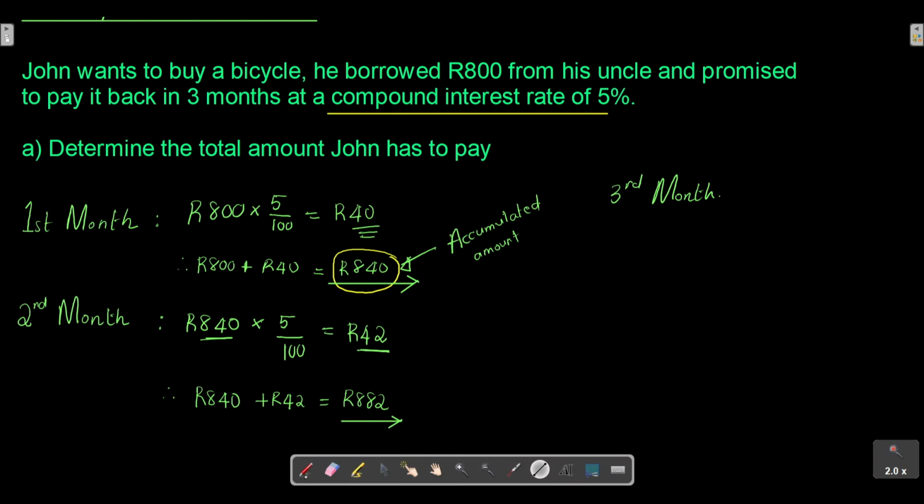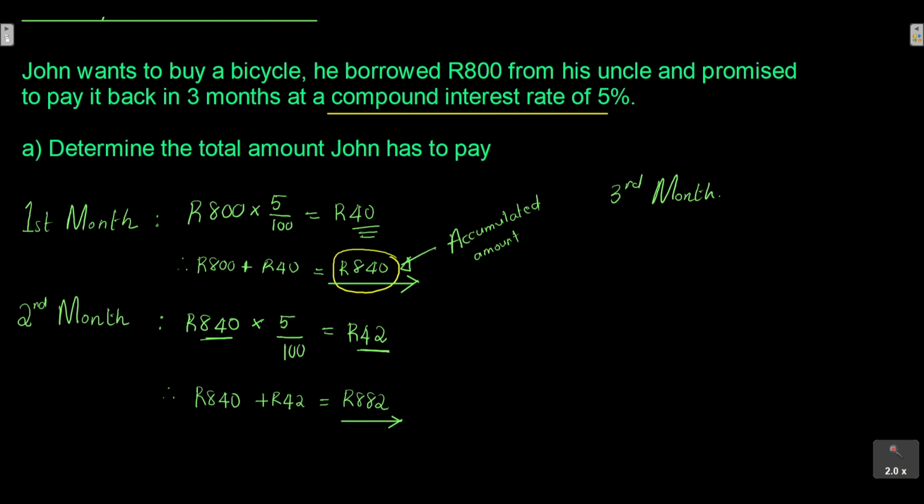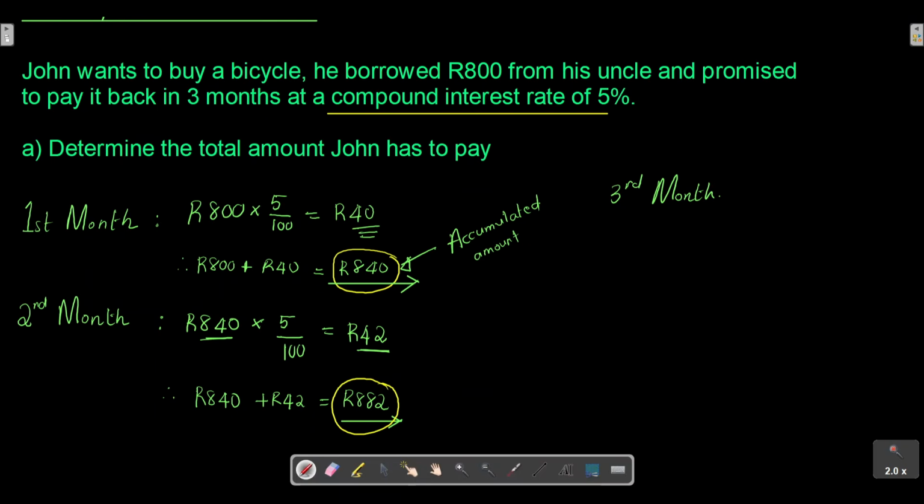And then what happens in the third month? In the third month, we're going to use this accumulated amount of 882 rand to calculate his interest for the third month. So we take that 882 multiplied by the interest rate of 5 divided by 100. This is 5%.